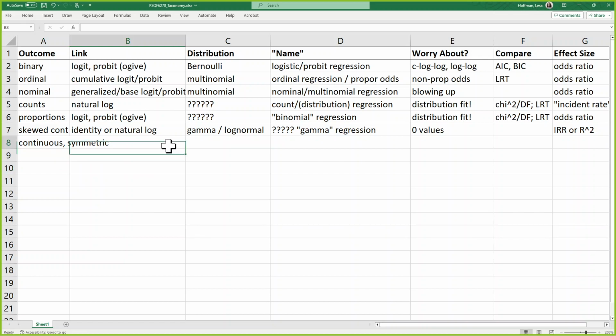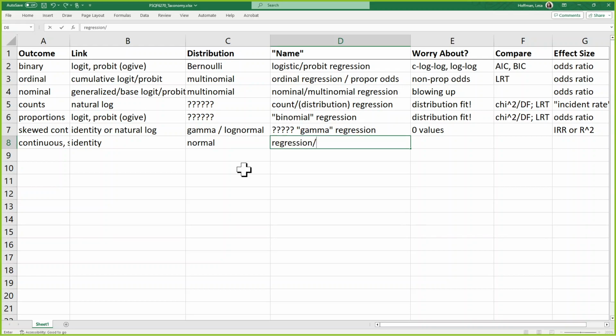What kind of link function did you use to predict these sorts of outcomes? You're like, I didn't. Yeah. It's called identity. Not natural log. Yeah, there is no link function. What distribution are we saying it follows? Normal. Yeah. And what would I call it? Regression.